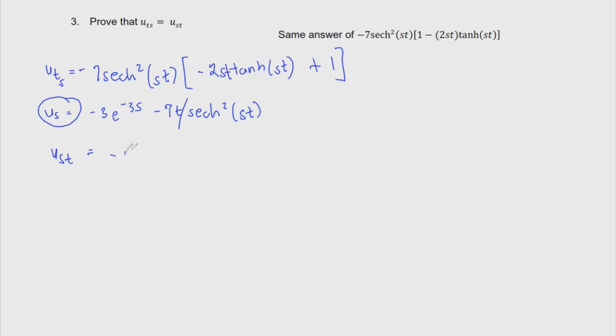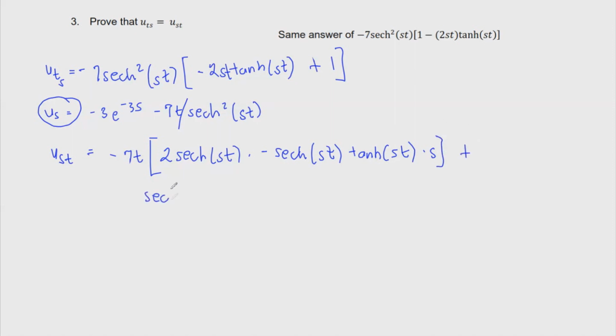So we get negative 7t times the derivative, so that's 2 secant h of st, then times negative secant h of st, and then tangent h of st, and then the derivative with respect to t would be s. Okay, and then we have plus, because it's product rule, secant h squared st, times the derivative of negative 7t, so that's negative 7.